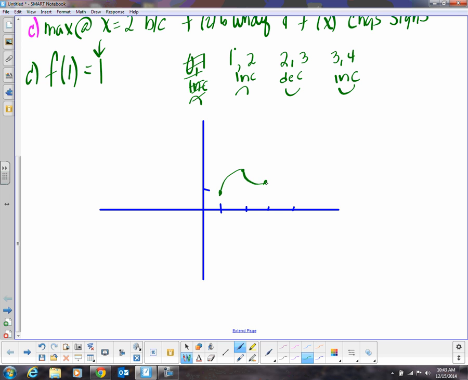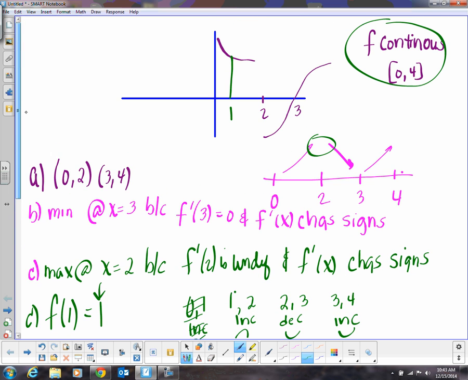Then I would have increased concave up to 4. Yes? How did you get the concave up and concave down? Okay, when you're one derivative away, how do you look at the graph? Increasing, decreasing. If the derivative is increasing, then you're concave up. If the derivative is decreasing, then you're concave down. Okay. Does that make sense? Yes, sir.